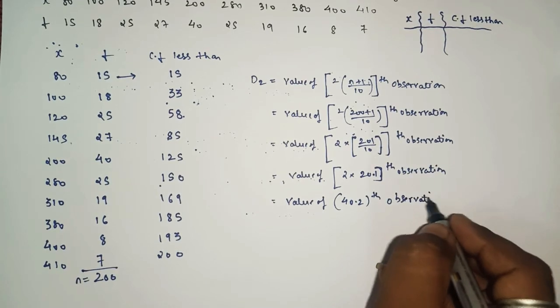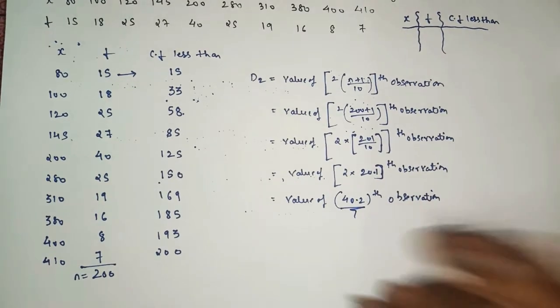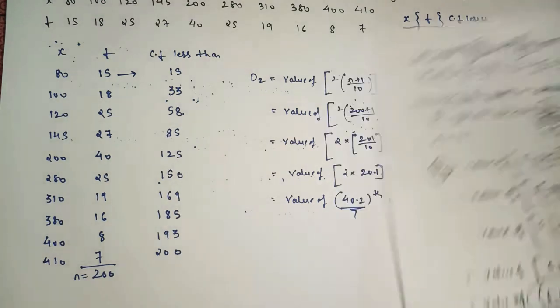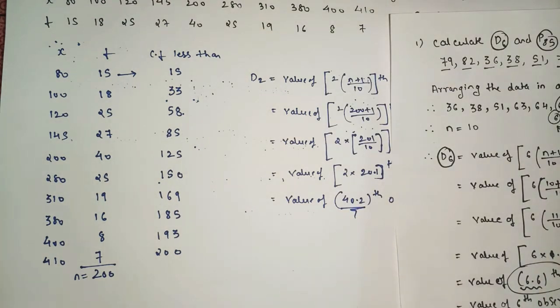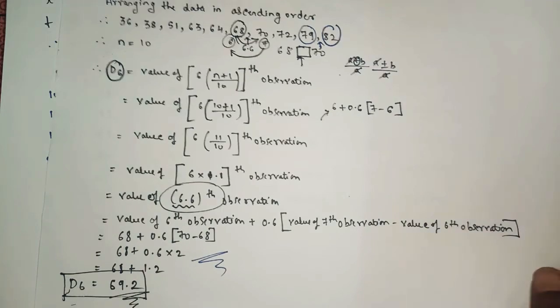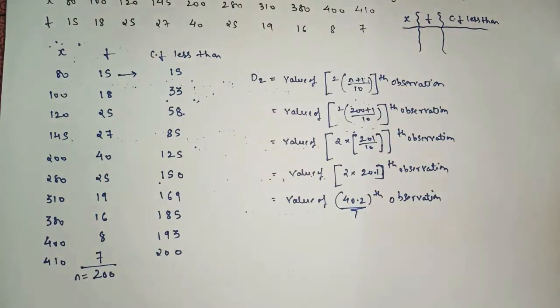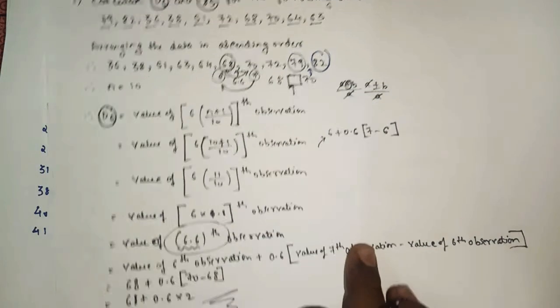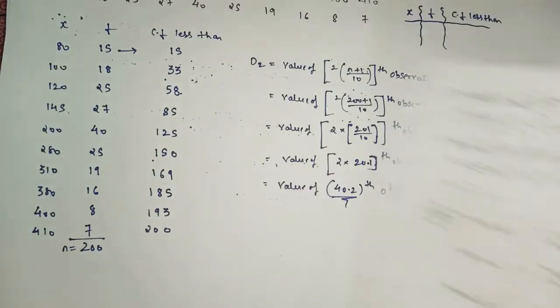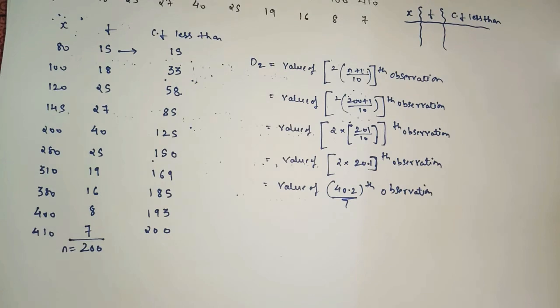As this is not the final answer, and we know that in type number 1 what we used to do, we used to break this number 40.2 as 40 plus 0.2 and solve the sum further using this concept. Here we cannot apply this concept, it is only for type number 1. So now what exactly do we have to do?